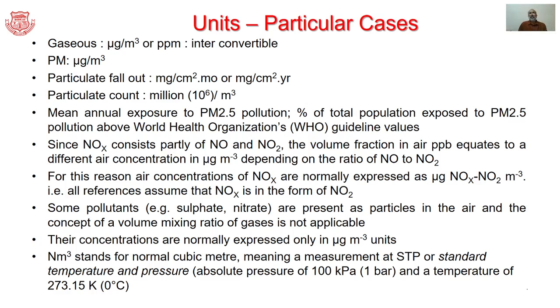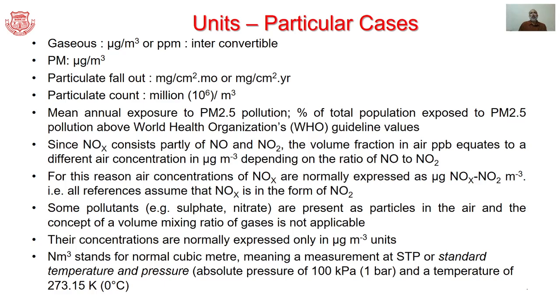The units that we discussed so far are very conventional and practically adopted by all the environmental engineers in air pollution studies. So, microgram per cubic meter or ppm are interconvertible. As we are dealing with particulate matter, we usually go for microgram per cubic meter.